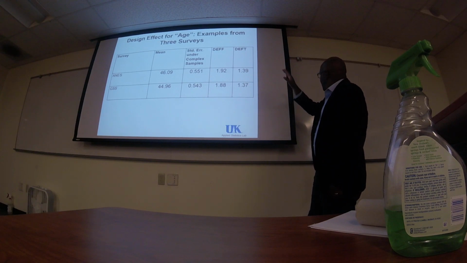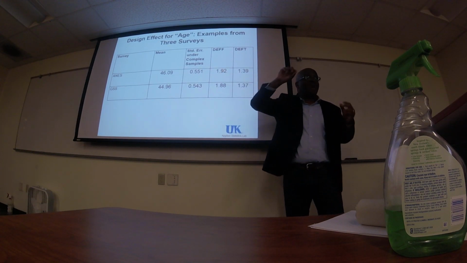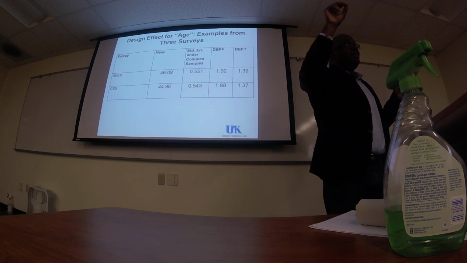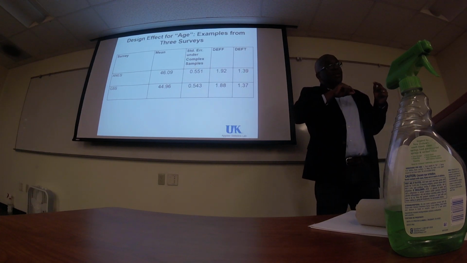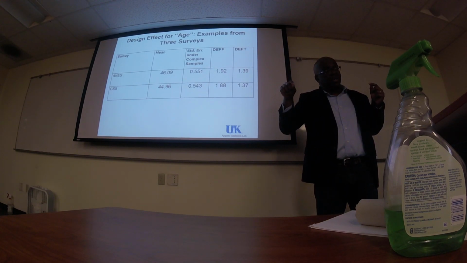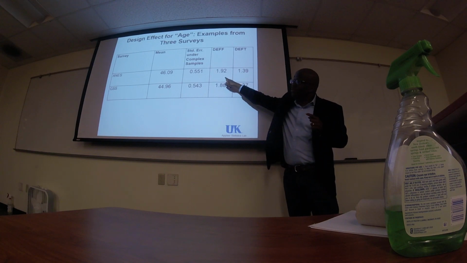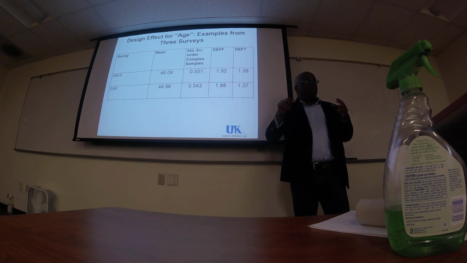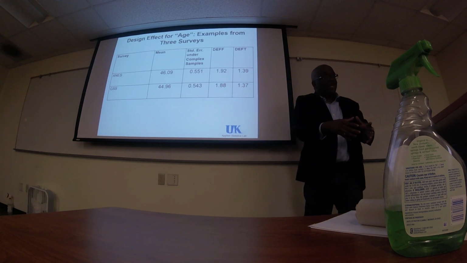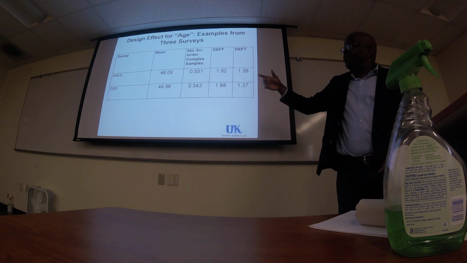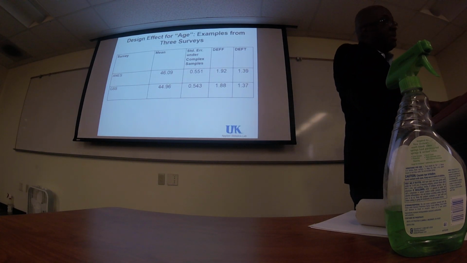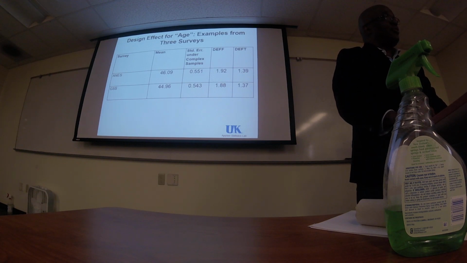value, we saw, was the variance of the complex sample divided by the variance of the simple random sample. The way to get an estimate of this manually would be: I do the mean using proc means, and I get the estimate of the variance.